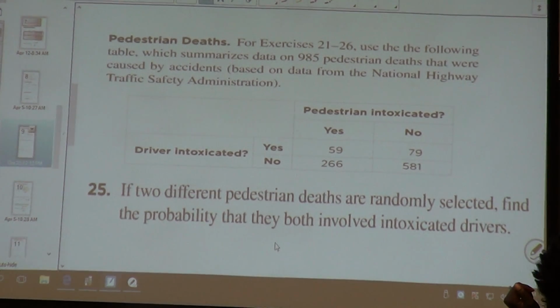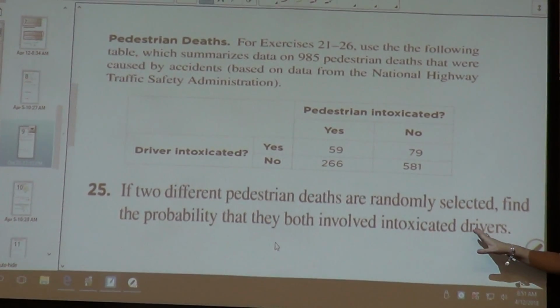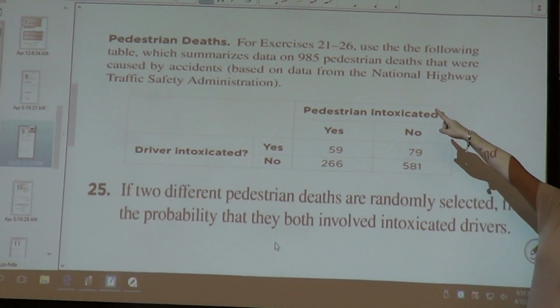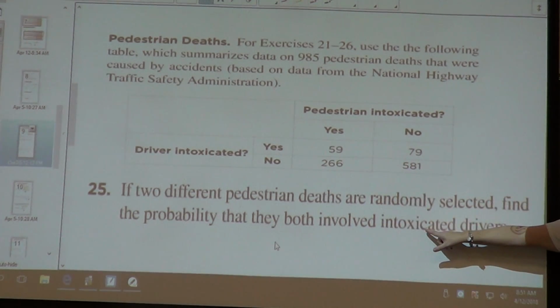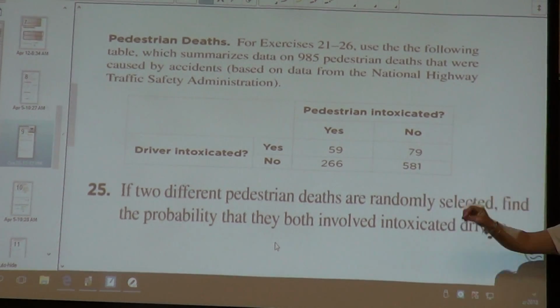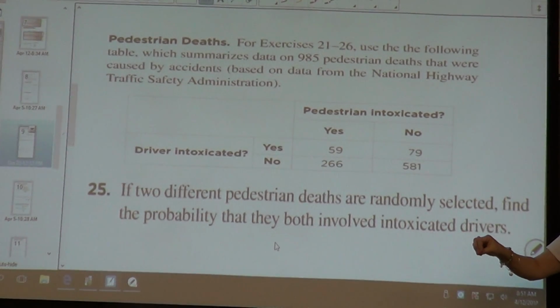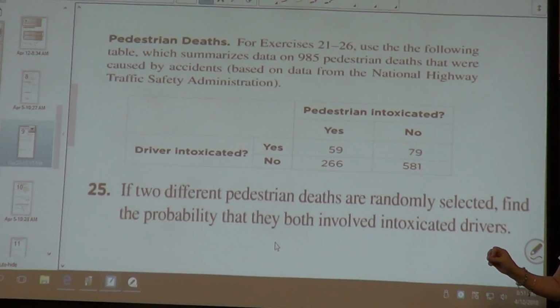No, okay, we are looking for intoxicated, because this whole thing is talking about pedestrian deaths. So I wanna know, what's the probability that I get a drunk driver and another drunk driver? And I may have thrown you off when I said it. Okay. So drunk driver and drunk driver.